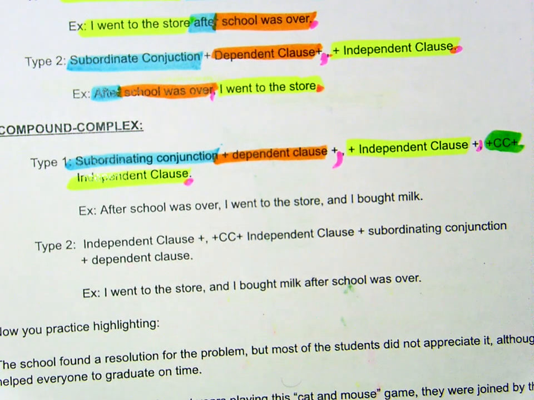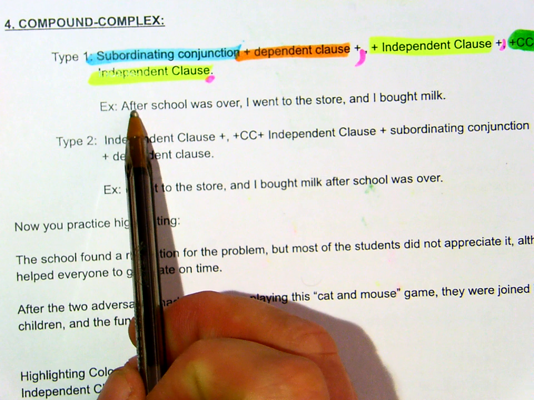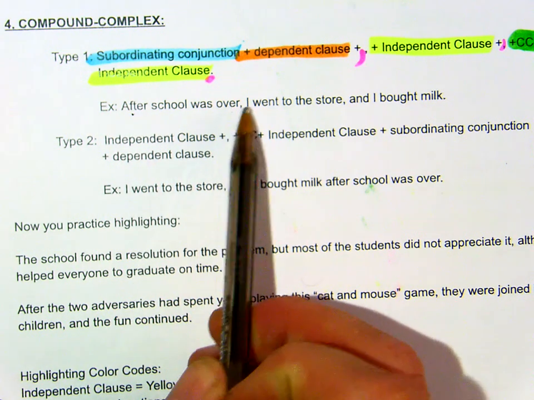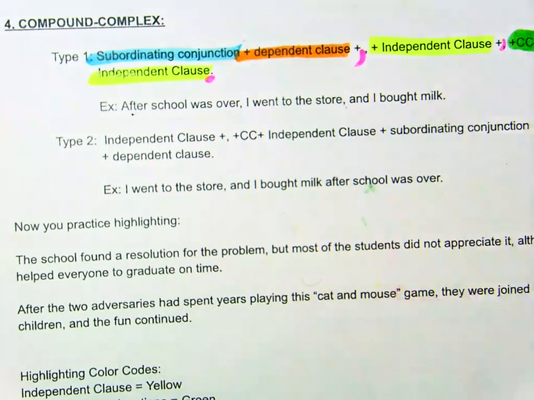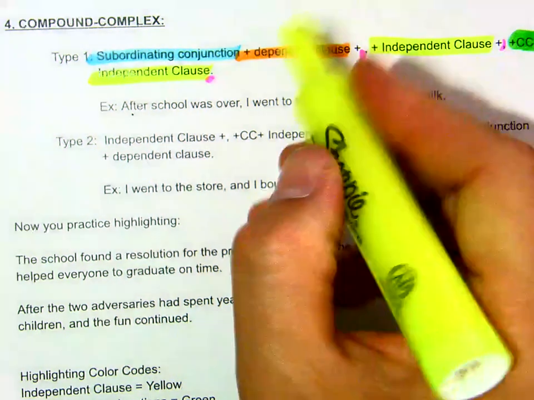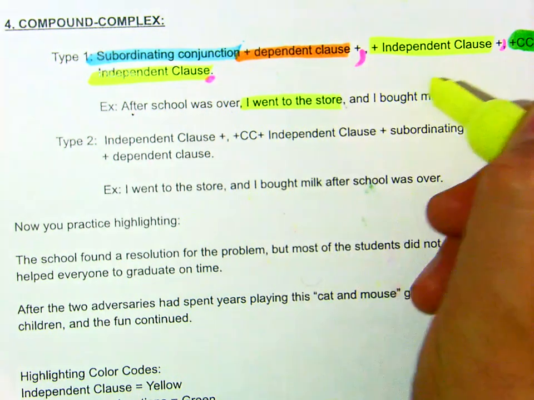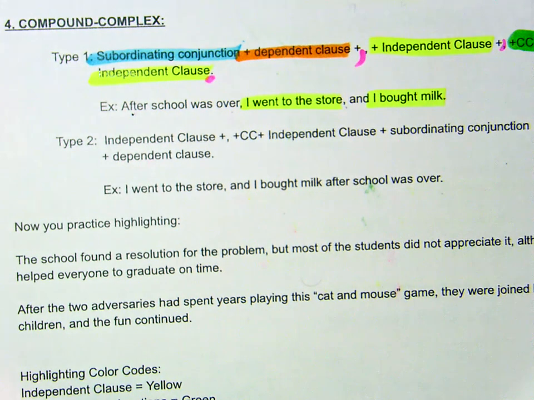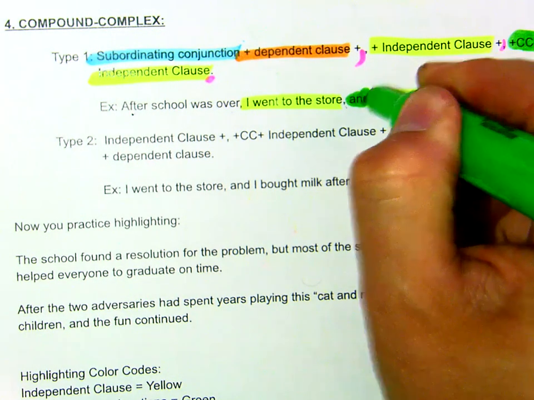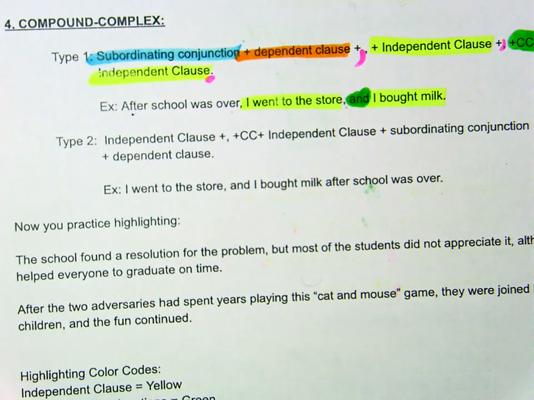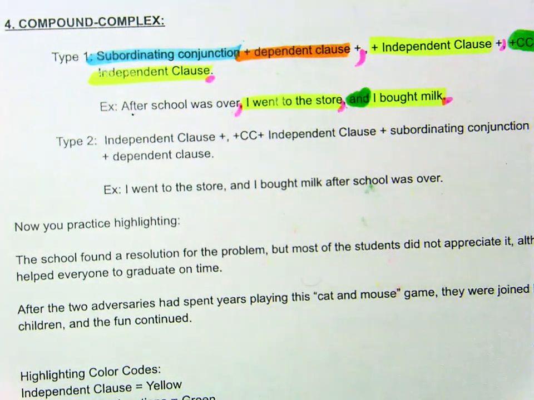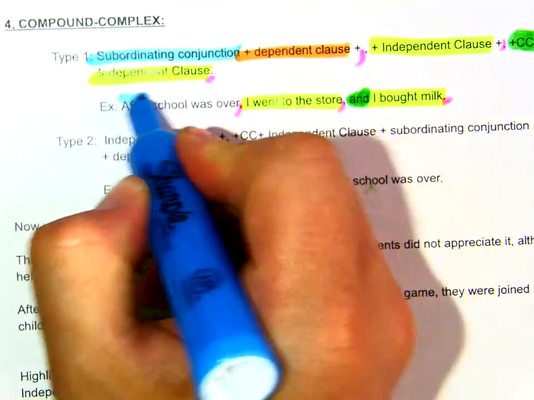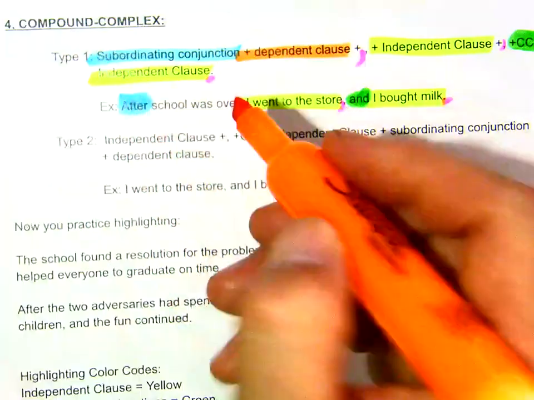So, for example, take a look at this. After school was over, comma, I went to the store and I bought milk. This is the same concept that we learned earlier where you're saying two independent clauses, I went to the store, I bought milk. You're joining them together with a green coordinating conjunction, but this time you're just adding in front of it a dependent clause saying after school was over.